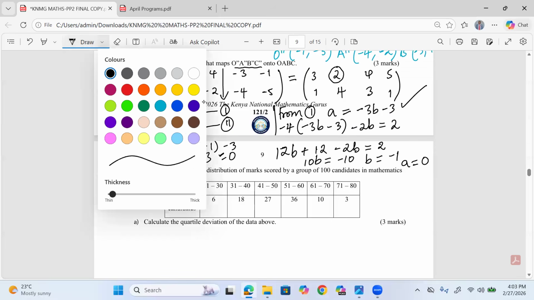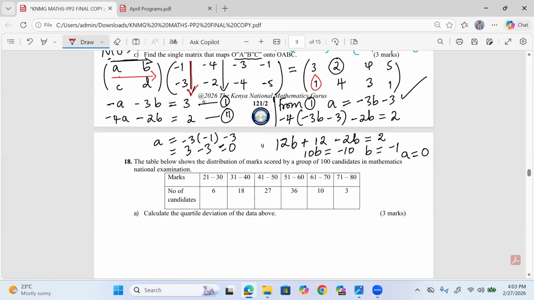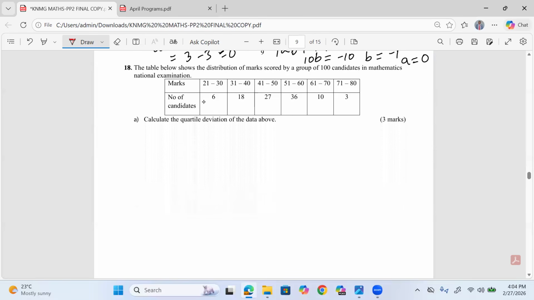So when we take this row now, CD, and we multiply by the first column, we should get the first element on the answer matrix on the Y, which is a positive 1. So C by negative 1 and D by negative 3. So negative C minus 3D, negative C minus 3 times the value of D, that's equal to 1.